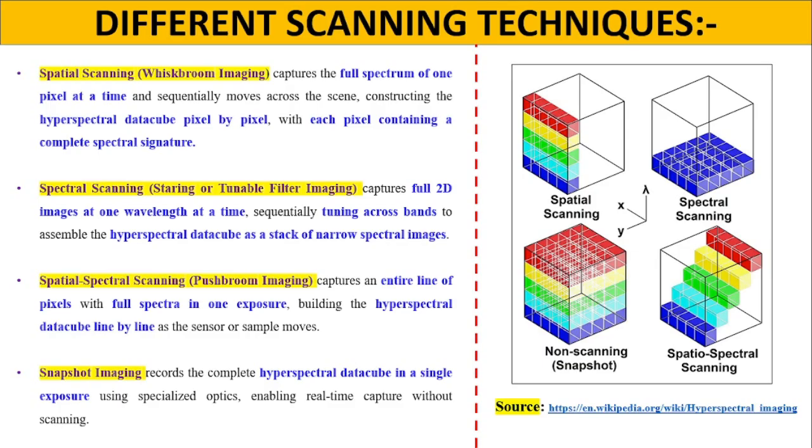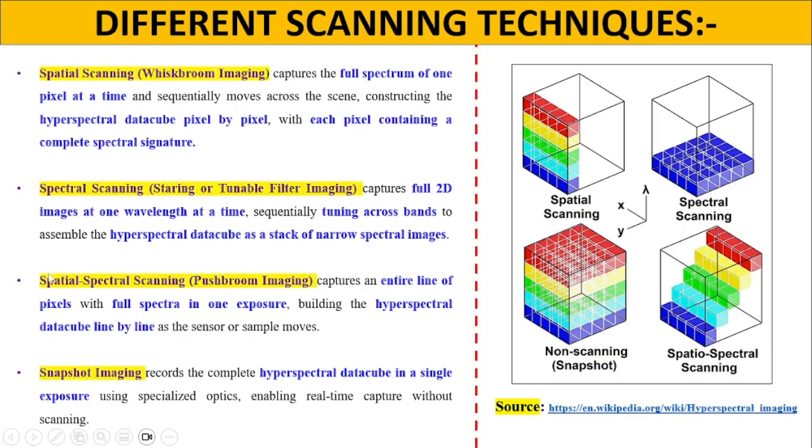At a particular wavelength, at a time, it will take the full image, then it will tune the bands, and then assemble the hyperspectral data cube as a stack of narrow spectral images. If you see here, these are now stacked together, but narrow stacking is there, which means the clarity or the amount of data that will be generated will be much more accurate here.